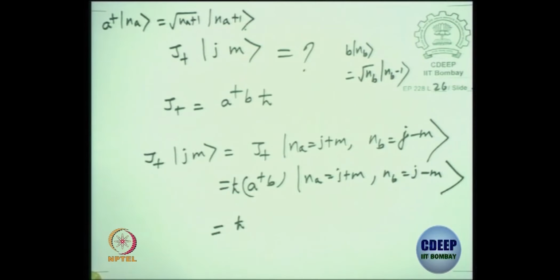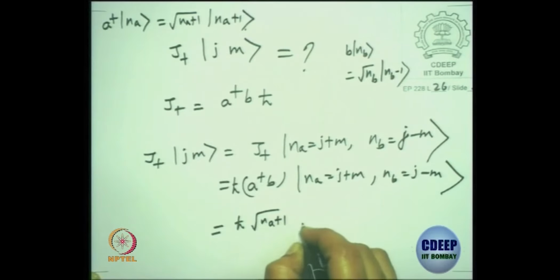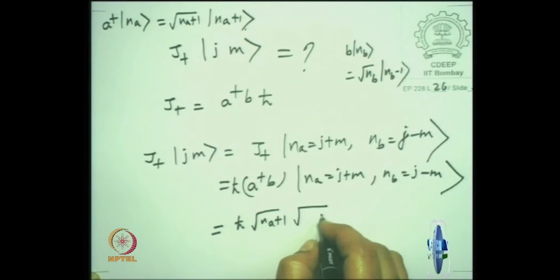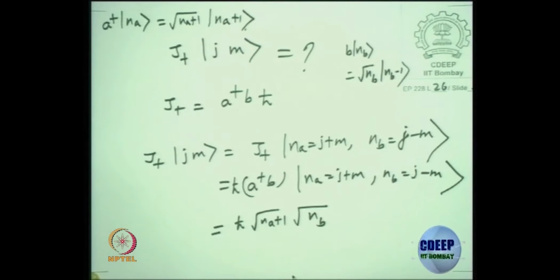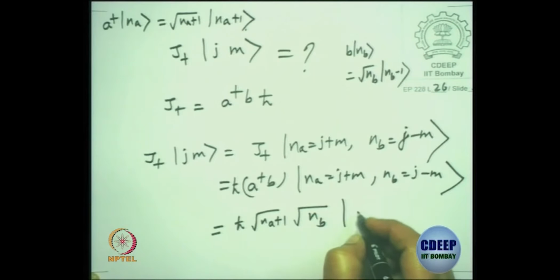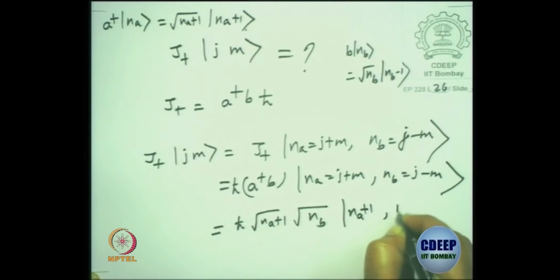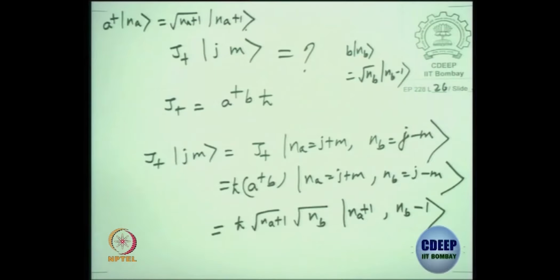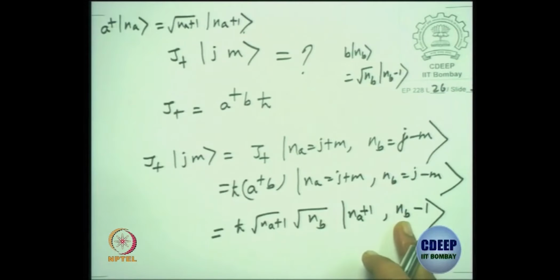Let us use that fact. What will this give us? It will be root of Na plus 1, root of Nb, on Na plus 1, Nb minus 1. Na is J plus M, Nb is J minus M. What happens to the J3 eigenvalue and the J eigenvalue? J eigenvalue is the same, which is what you expect.